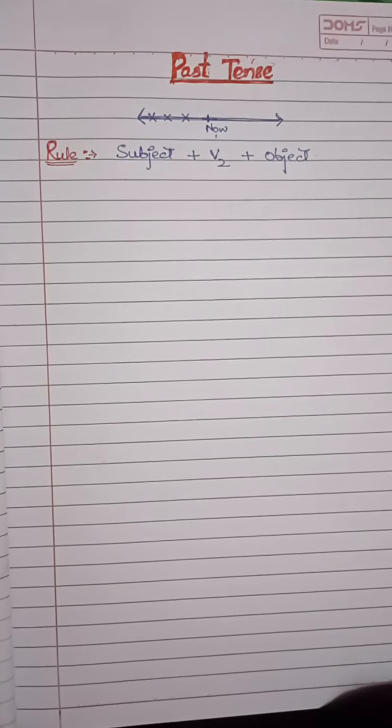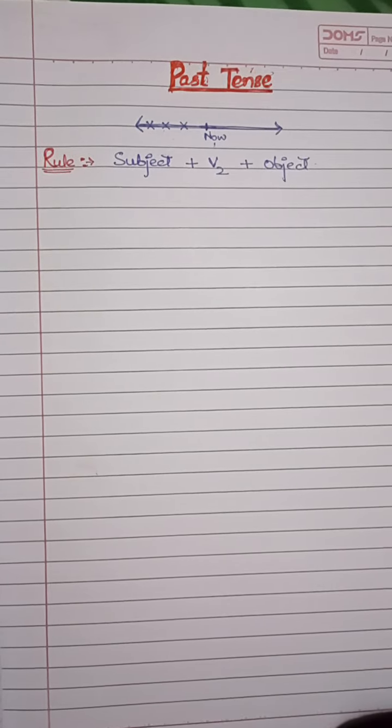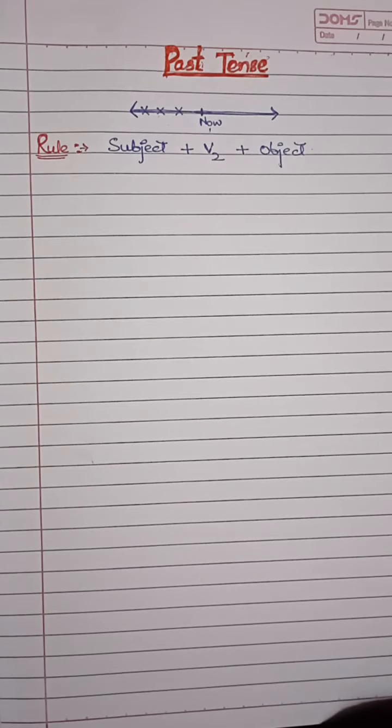First of all, I will tell you the rule, the principle of past simple or past indefinite tense. So, this is the rule of past simple tense. Now, let's make sentences according to this rule.